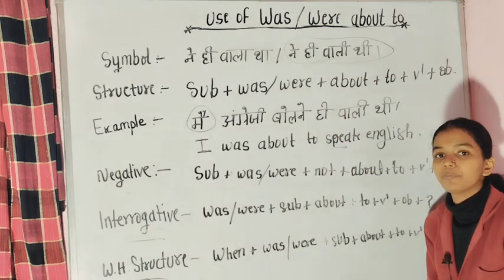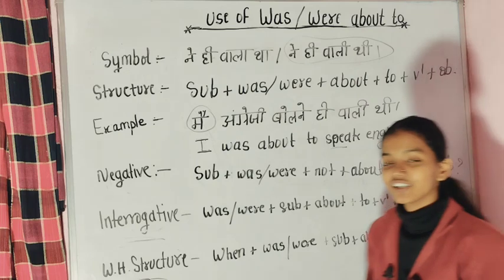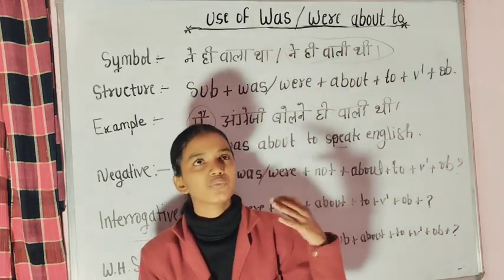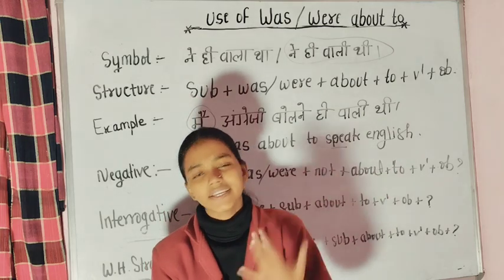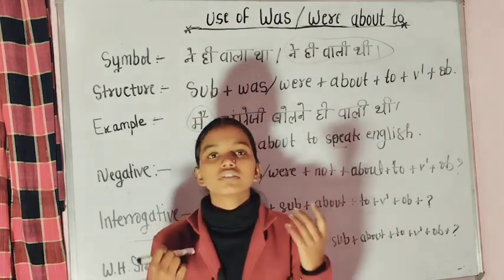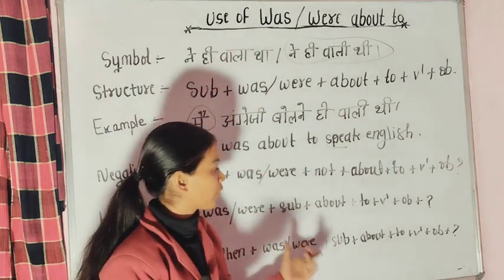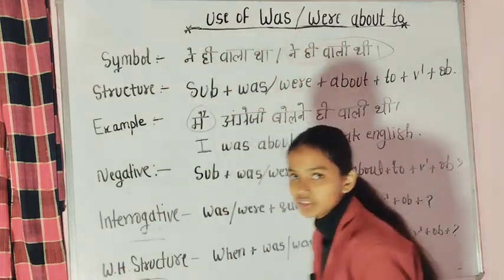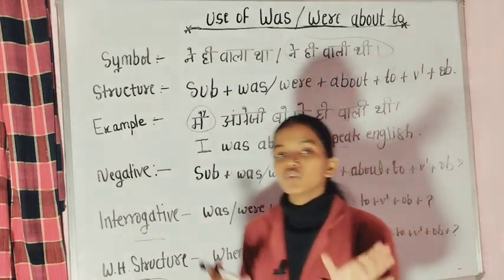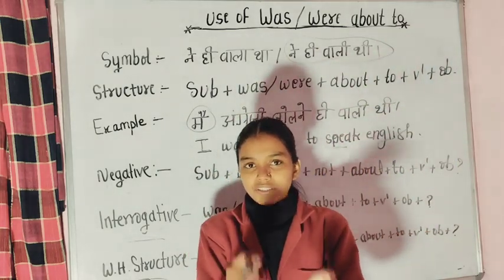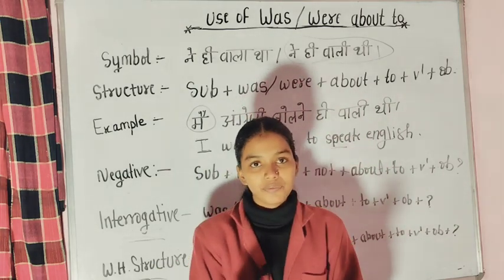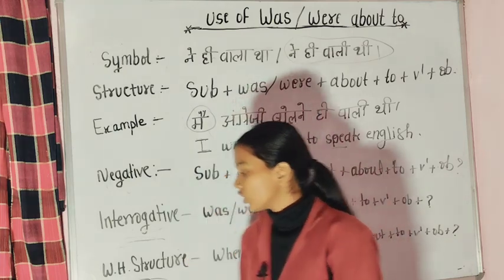Okay, what is the structure of WH? WH means what, when, why, how. You can use anything that starts with W and H. So I am going to repeat this structure, that is useful to remember. When, or how, plus was/were plus subject plus about plus to plus verb 1 plus other object.